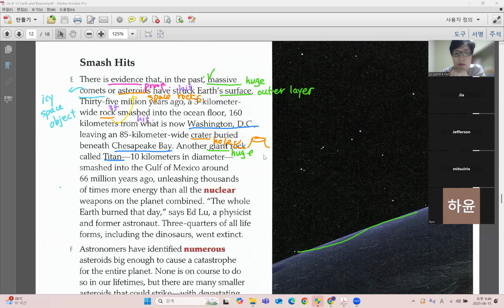What is the diameter, everyone? Circle and distance. This is a diameter. How can you explain the diameter? Diameter is the width of a circle. Okay?